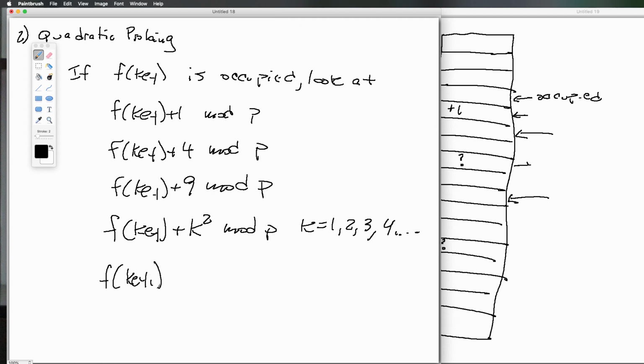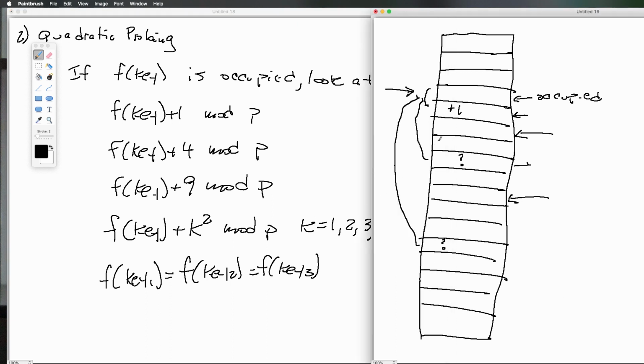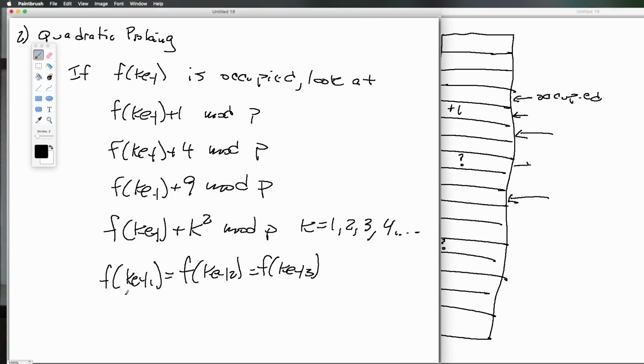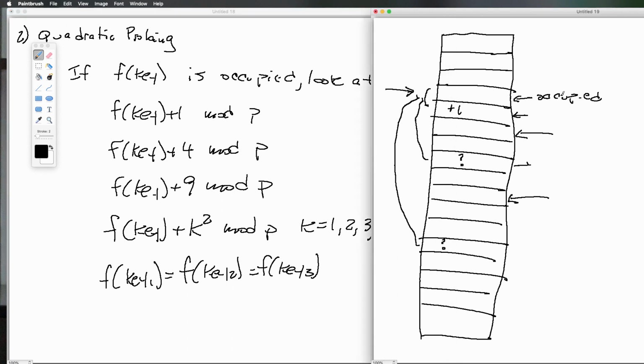But in a way, we really haven't solved the problem, because if I have the case that f of key 1 is equal to f of key 2 is equal to f of key 3, if that in fact happens, you can see what's going to happen. I'm going to start to get clusters around these places right over here. In other words, all of these are not only going to get hashed to the same spot, but I'm going to start checking the same spots for where I can resolve to put them.